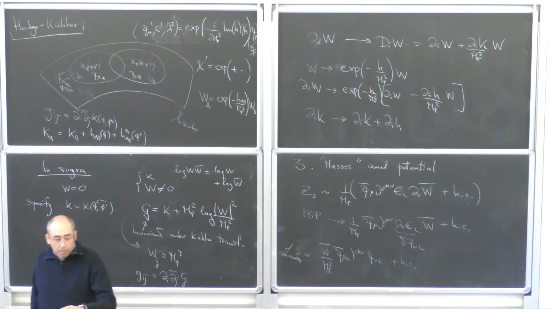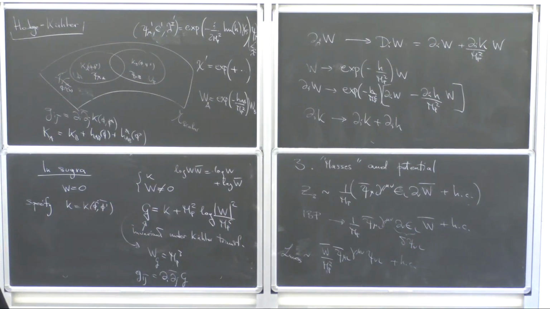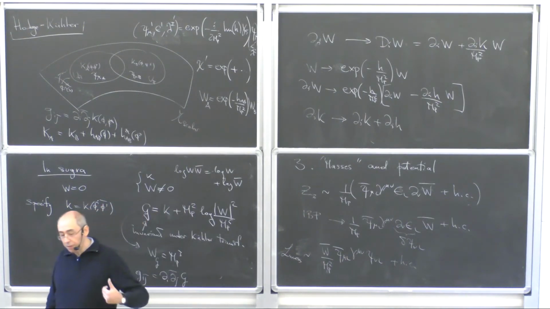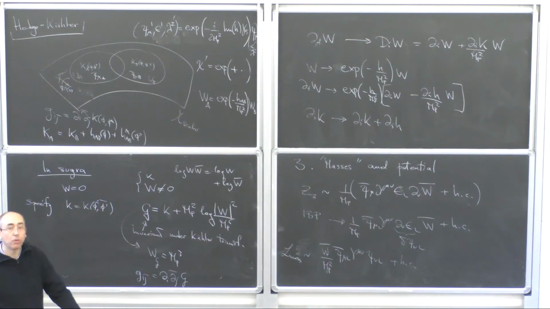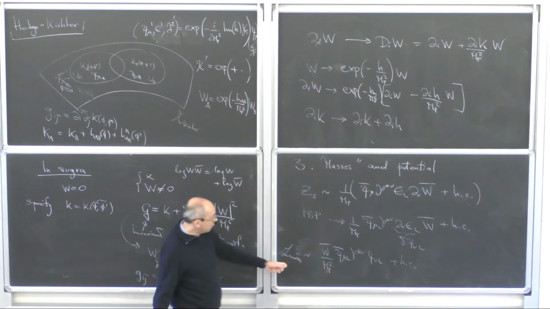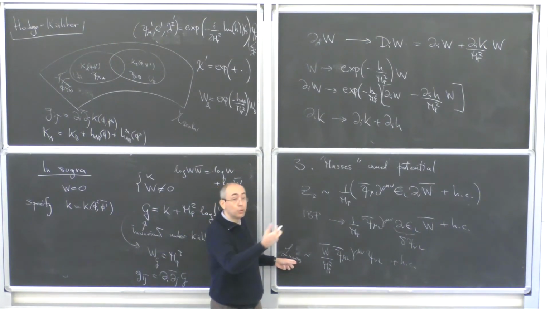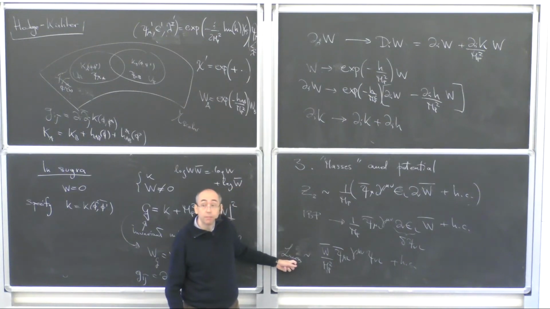And you remember our discussion of pure gravity with the cosmological constant. We said that the way to introduce a cosmological constant is to shift the gravitino transformation rule by an order G term, to introduce a mass for the gravitino of order G, and then a cosmological constant of order G squared.